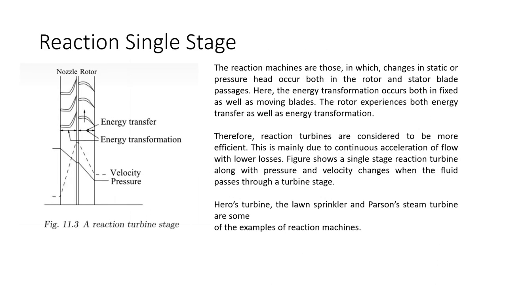So next we have our reaction turbine. In a reaction turbine, how are the state variables varying? In both cases, be it the stator or the rotor, the energy transformation is occurring.